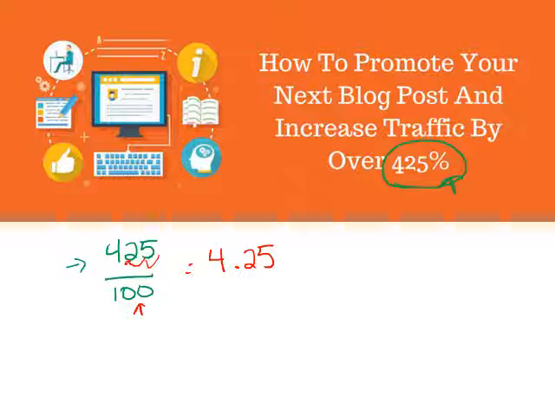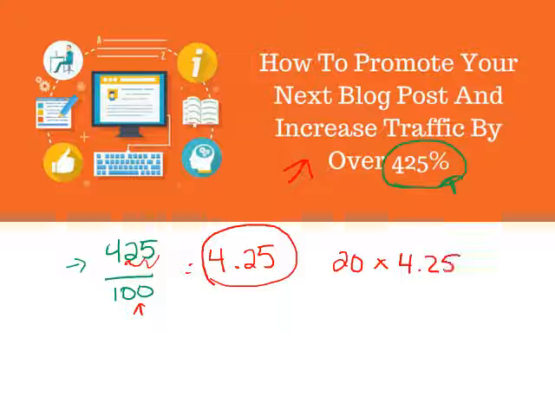So what they're saying is, in this ad, they're going to increase your blog post by 4 times. So if you got 20 blog posts in your first week and then you used whatever product they're advertising here, that would increase your traffic by 4 times.